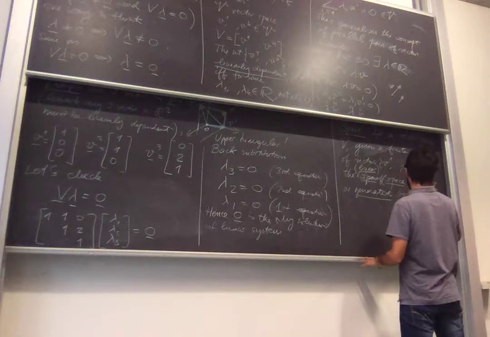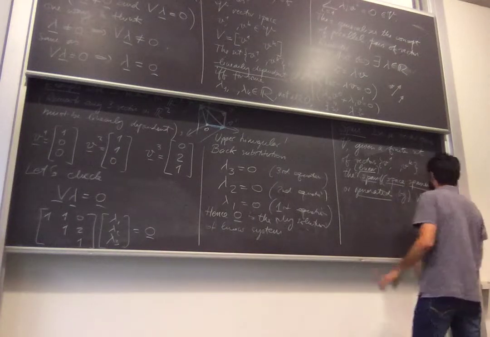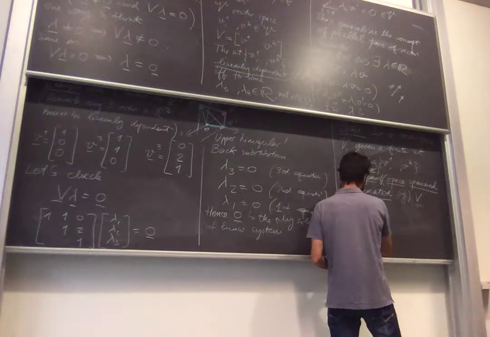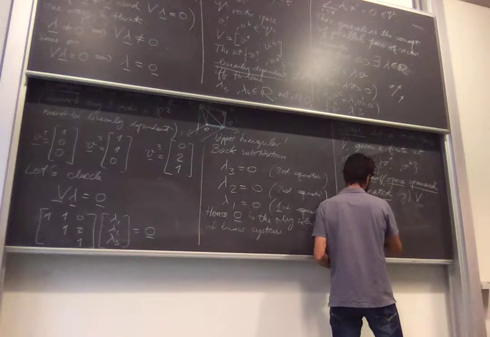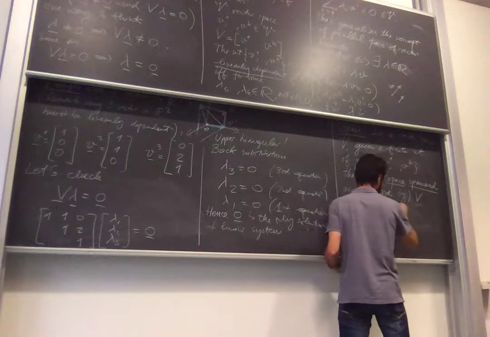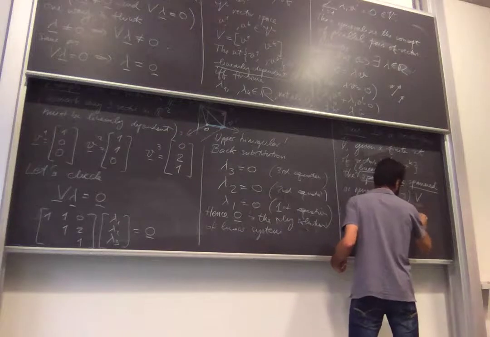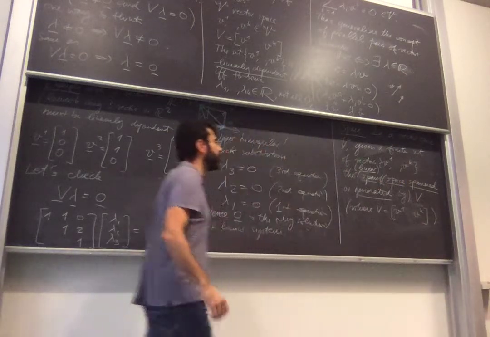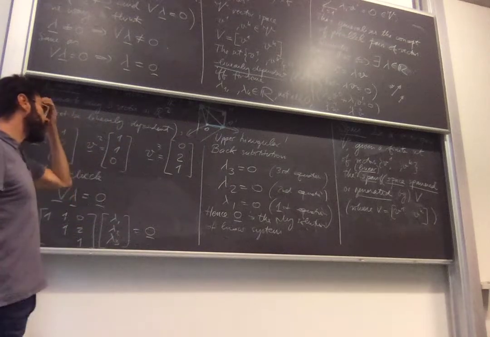the span of this system here. I'm going to write it very quickly as V, where V is the vectors v1 through vk. I'm going to order them, because sometimes it's handy to have them ordered.